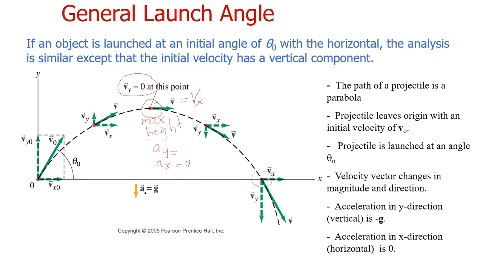For this diagram, acceleration in the y direction is negative 9.8 meters per second squared, or g, because this is my positive y. All right, what else can we take from this?